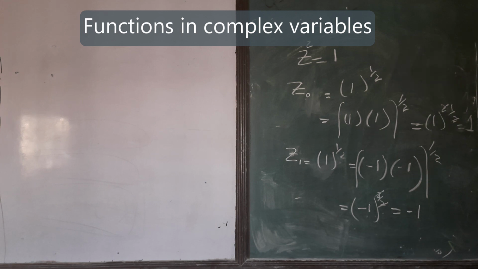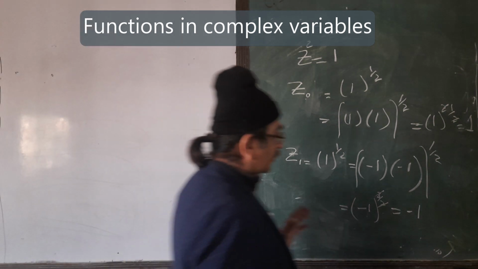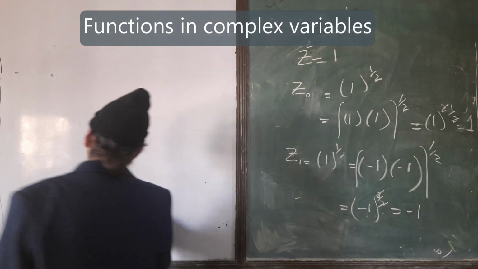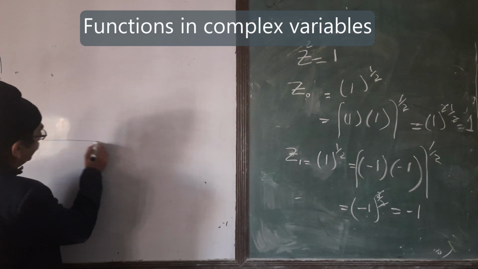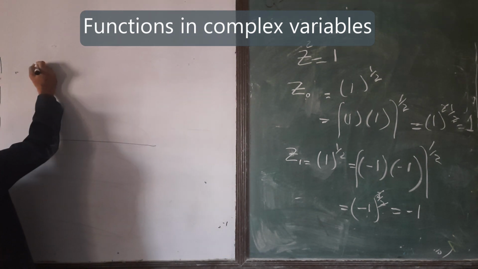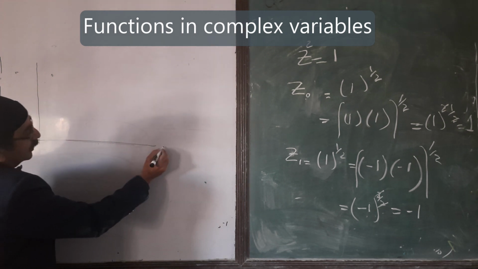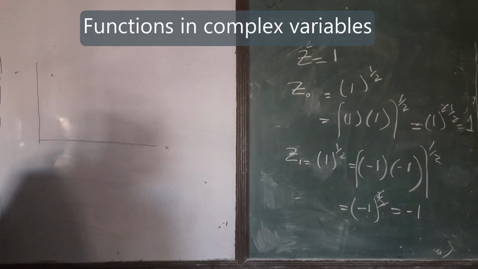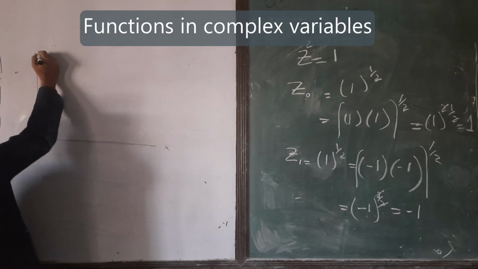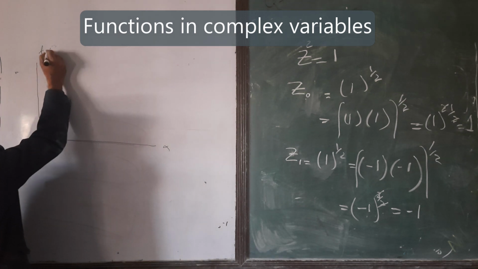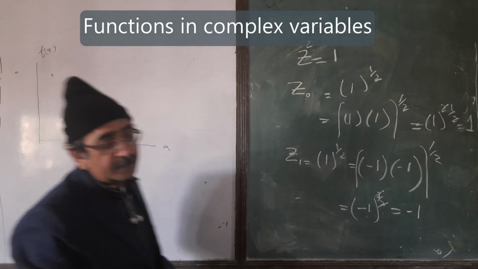Firstly, we must know what a function is. As we know, a function is actually a mapping. If this is x, and for example if this is the alpha plane, this will be f alpha.